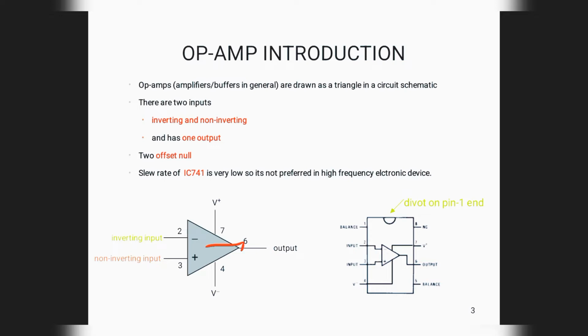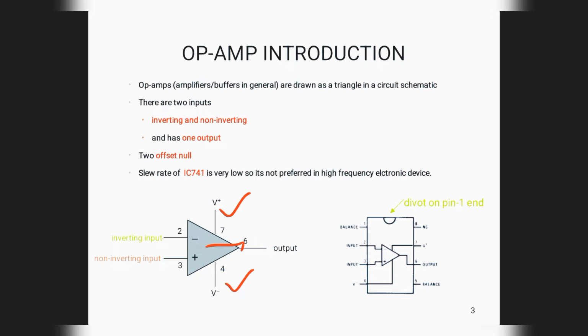So, this 7th and 4th pin is known as dual rail pin input, which can be made with the help of different type of circuit, which will be explained further in this demo.